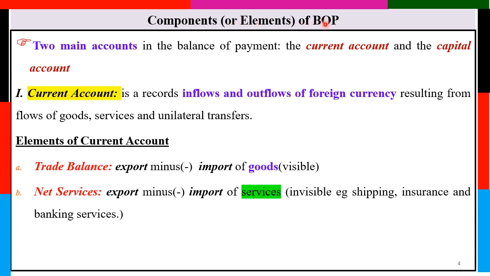Components or elements of the balance of payments. There are two main components of the balance of payments: the current account and the capital account.